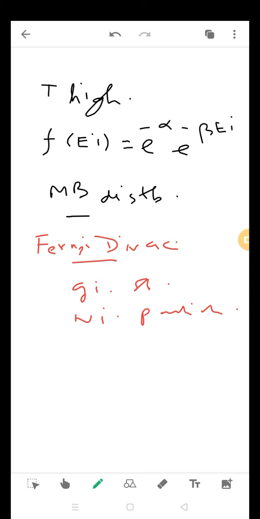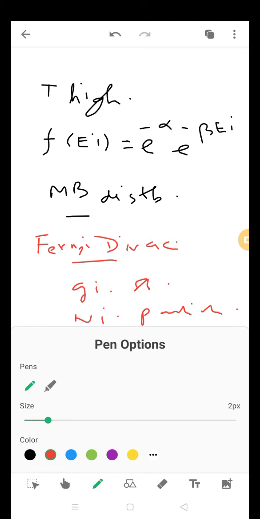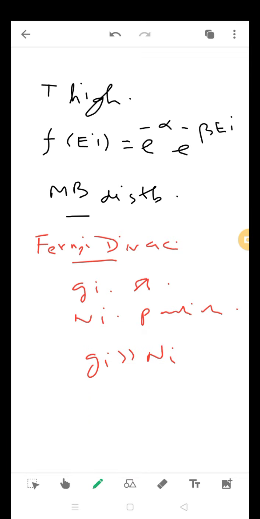Now the difference between BE and FD, in this case the number of states are much greater than the number of particles, and the particles are extremely small. So the thermodynamic probability in this case, as GI states can arrange among themselves in GI factorial ways, and Ni particles can arrange themselves in Ni factorial ways.